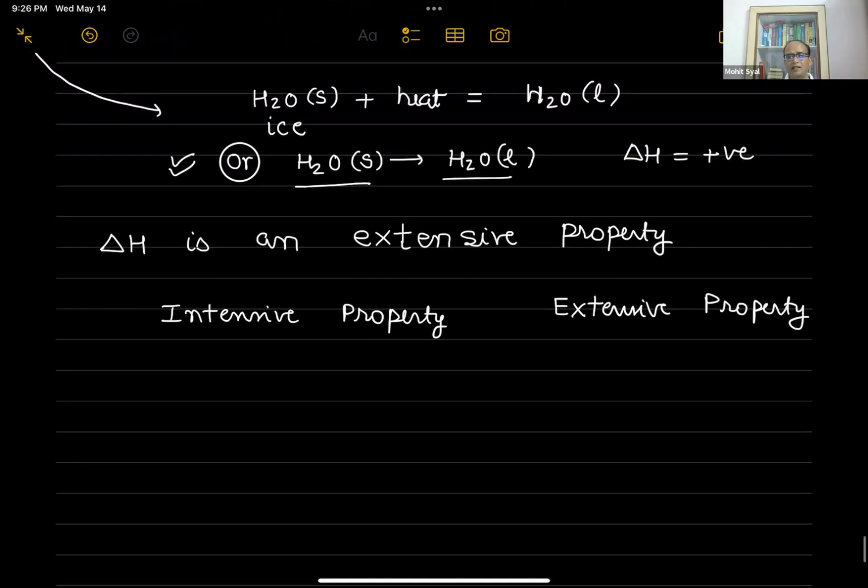Intensive properties are those properties which do not depend upon the amount of substance.